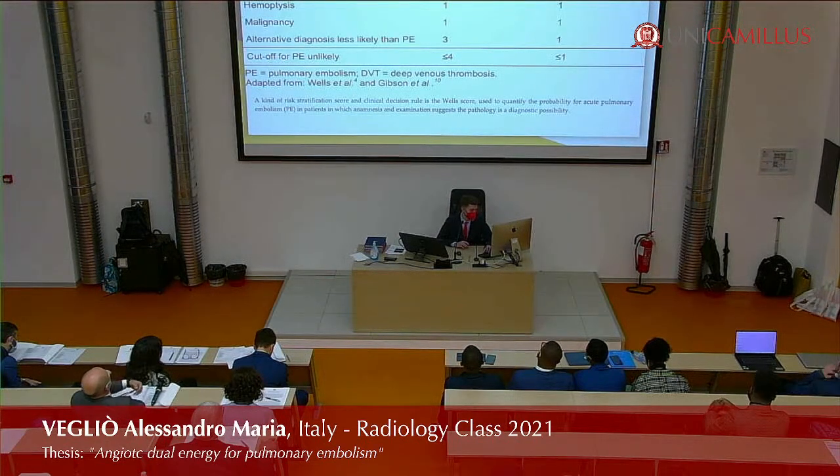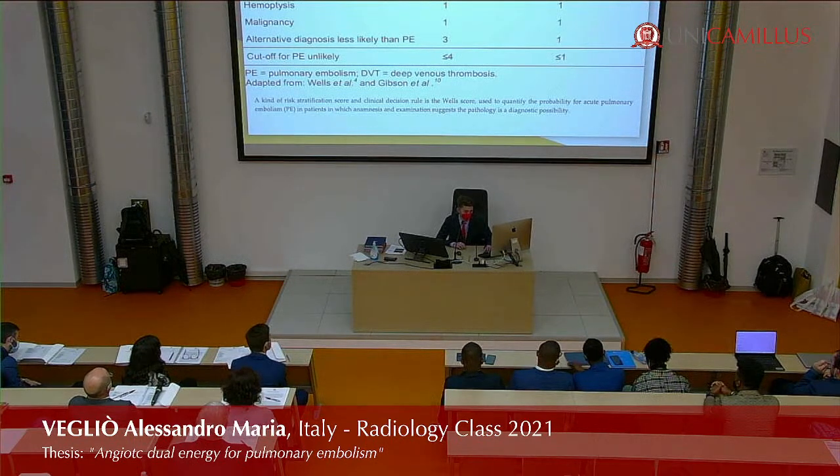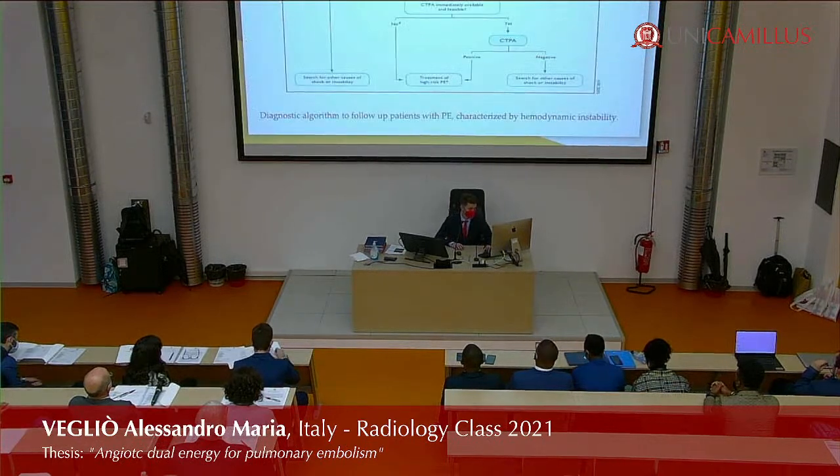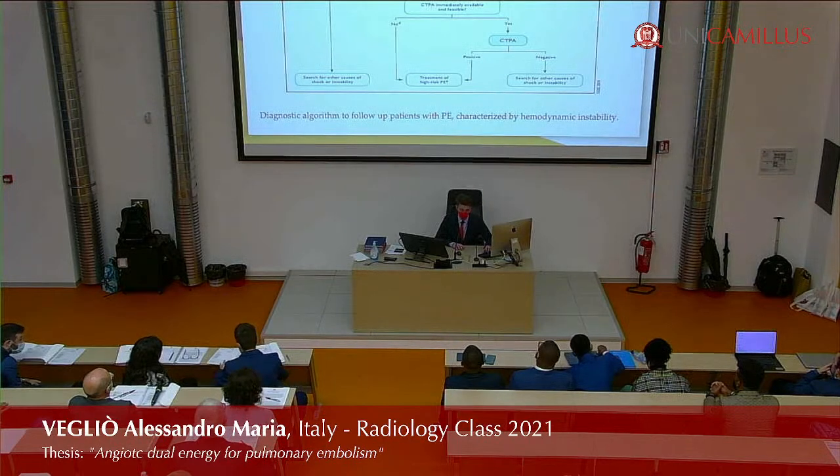Here we have an example of a risk stratification score, in particular the Wells score, that is used to quantify the probability of PE in patients in whom the anamnesis and the examination suggest that the pathology is a diagnostic possibility.